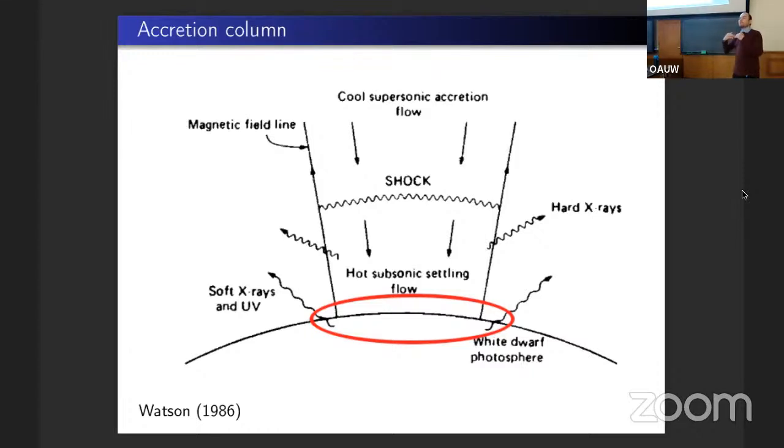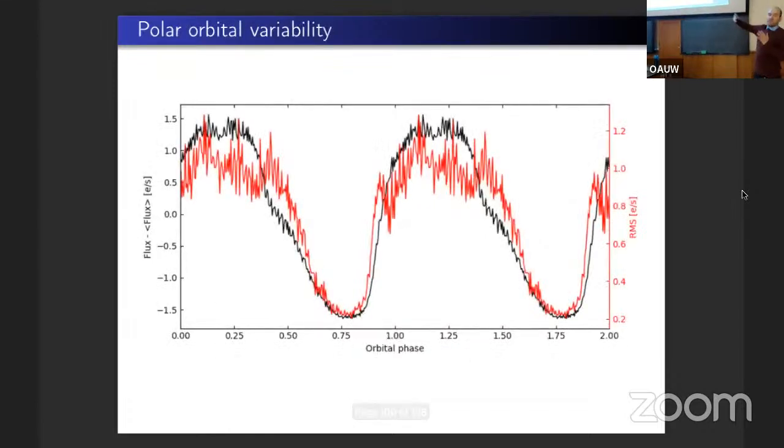So it makes sense: the flickering amplitude and the brightness are correlated, which suggests that the physical place where they originate is the same. And as I said, I observed the same in many other polars.